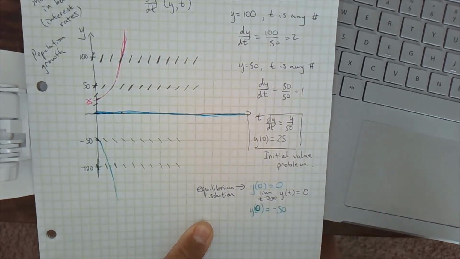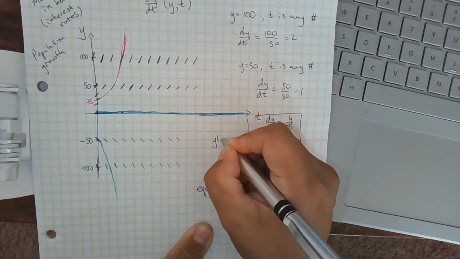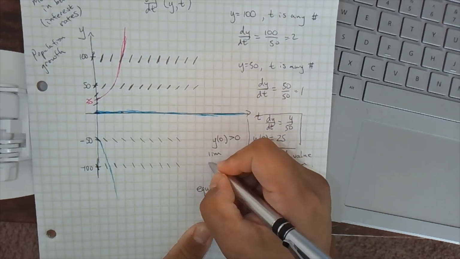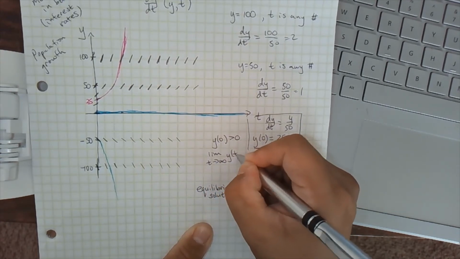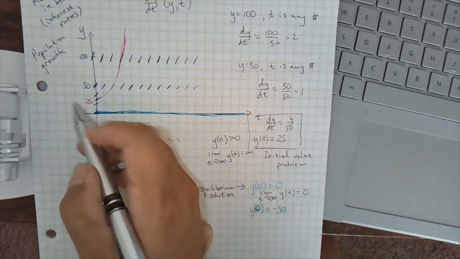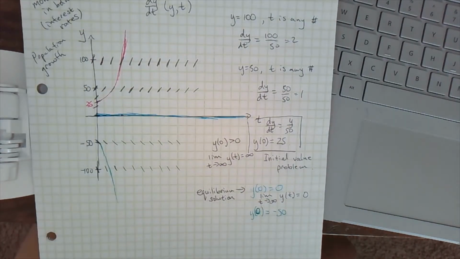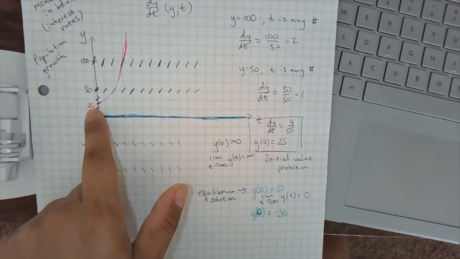Doesn't go anywhere. Over here, for any y of 0 greater than 0, we can look at the end behavior. The limit as t goes to infinity of y of t is going to be positive infinity. We're going to have exponential, looks like exponential. We're not sure it's exponential yet. We'll see that when we actually solve it.